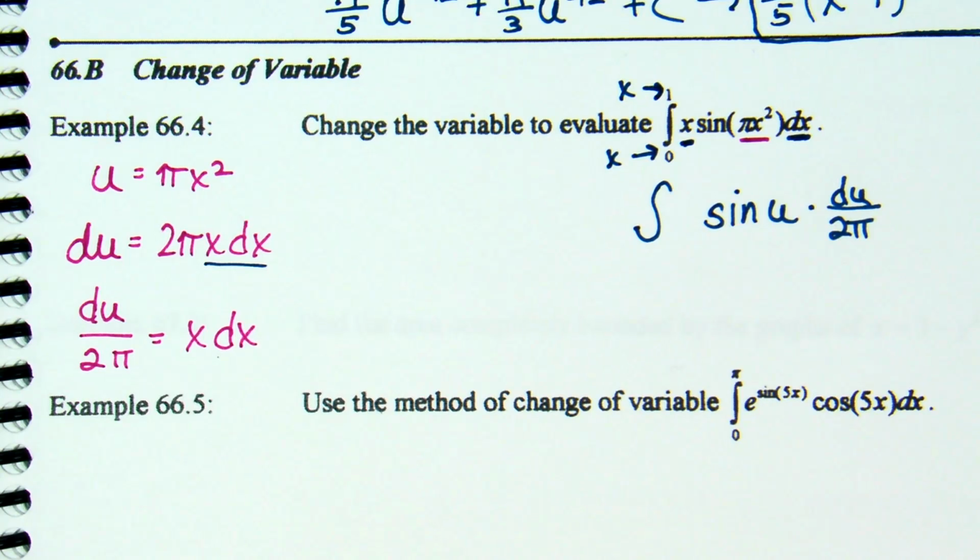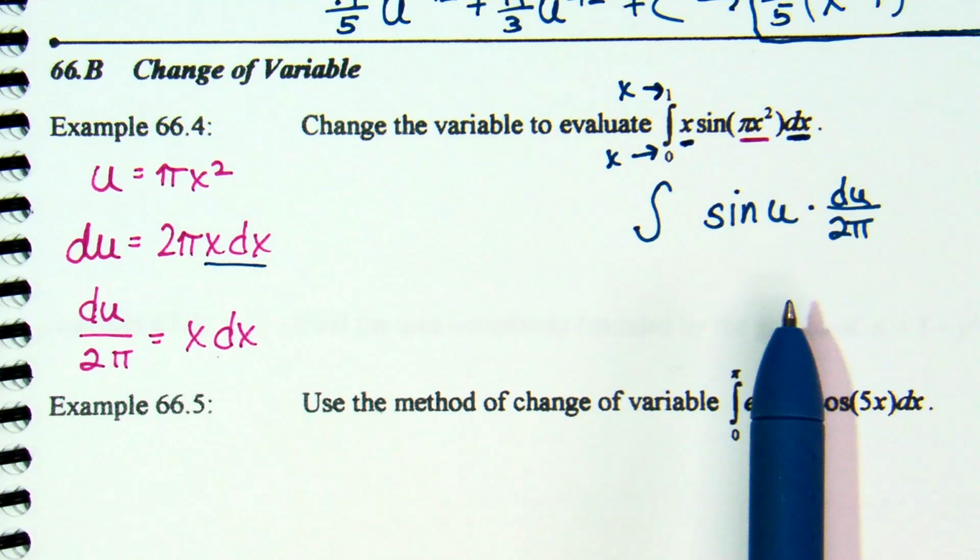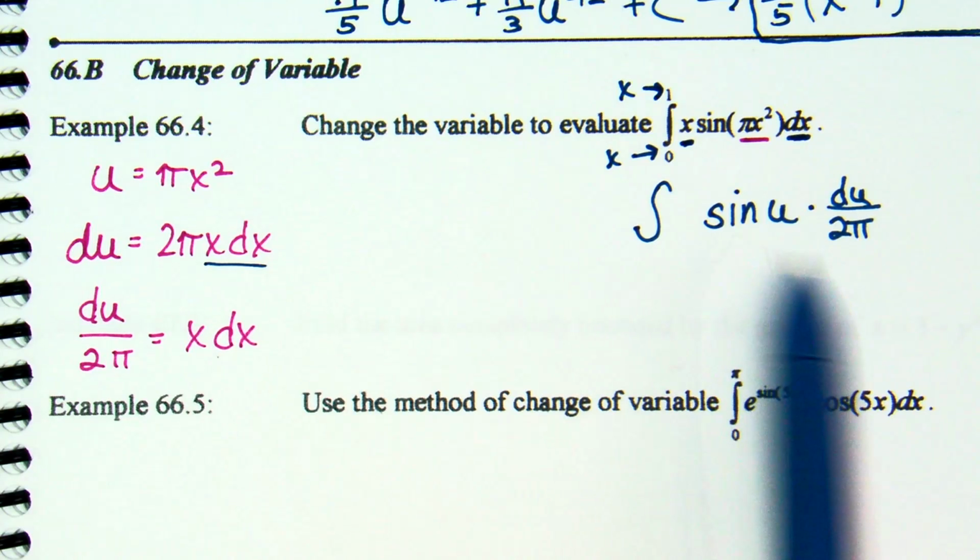Okay, so we have 2 options here. Here's the deal. We cannot work this problem in terms of u and then plug in 0 and 1 into our u problem. One option, which is doable, but I'm not going to encourage it, would be to go ahead and work this problem in terms of u.